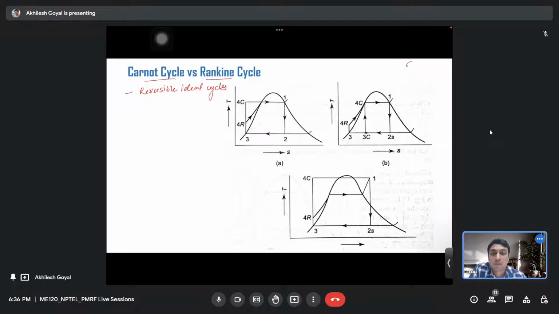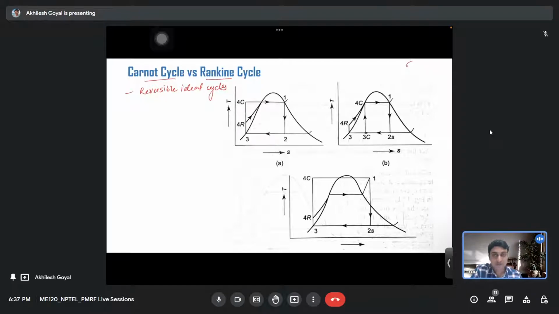In both the cycles, the turbine work is ideal, a reversible adiabatic process. The heat rejection is constant temperature, constant pressure heat rejection. The pump work is the same, reversible adiabatic compression.